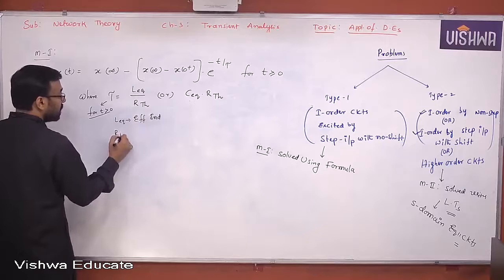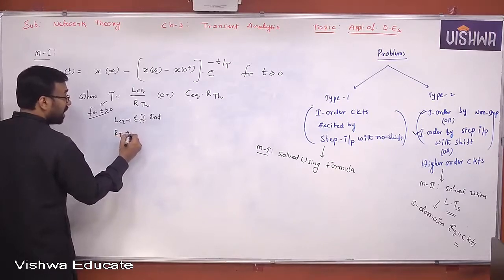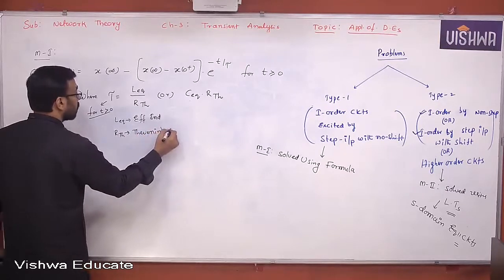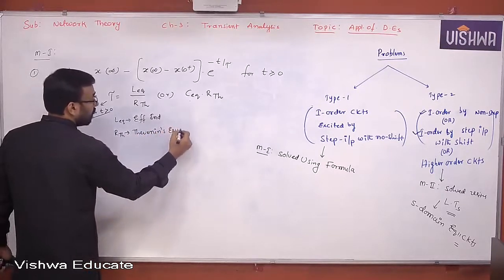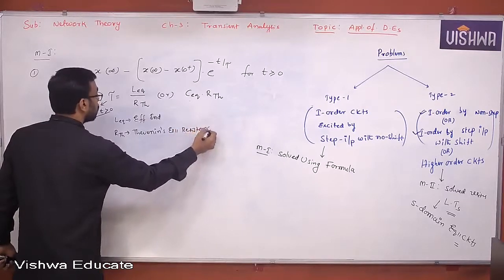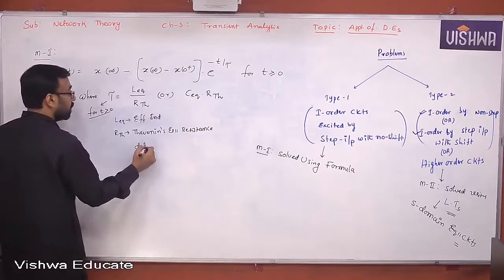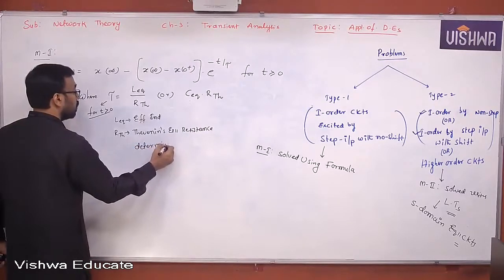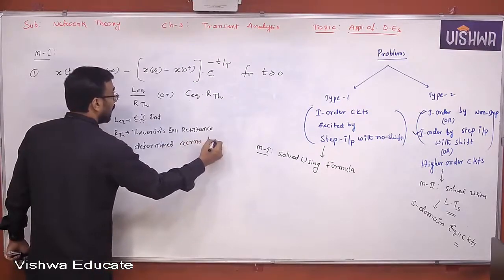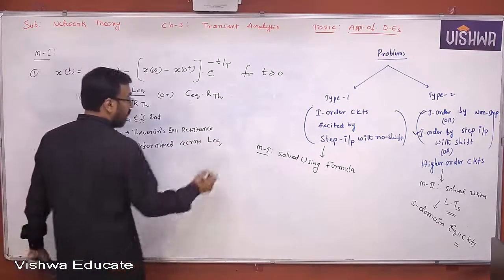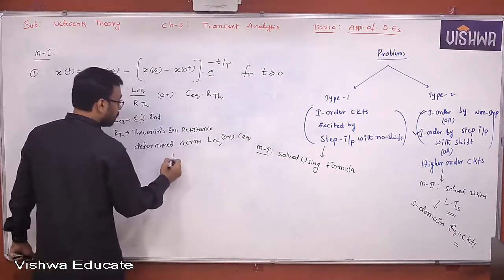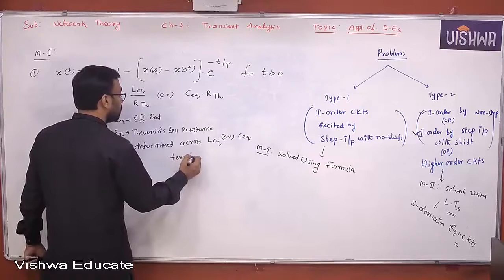And RTH is Thevenin's equivalent resistance determined across L equivalent terminals or C equivalent terminals. I hope you understand this.